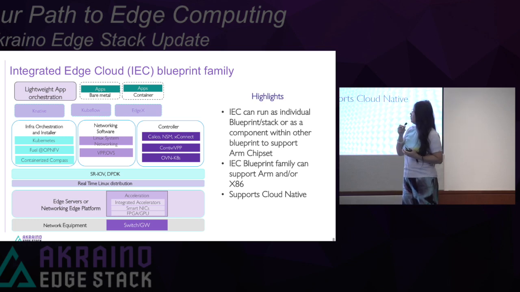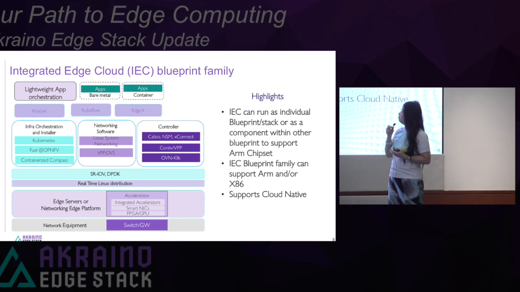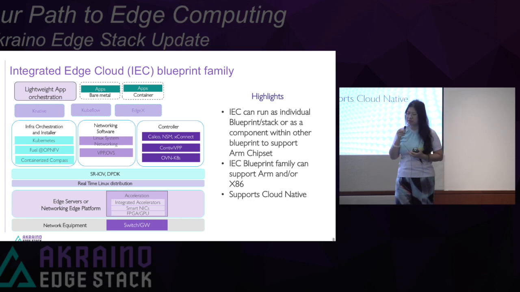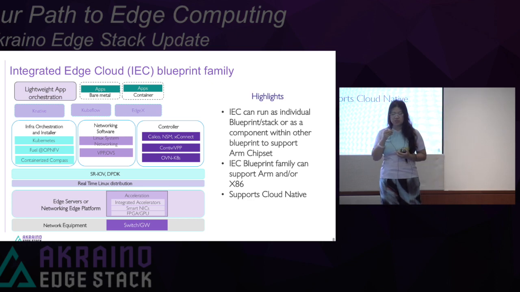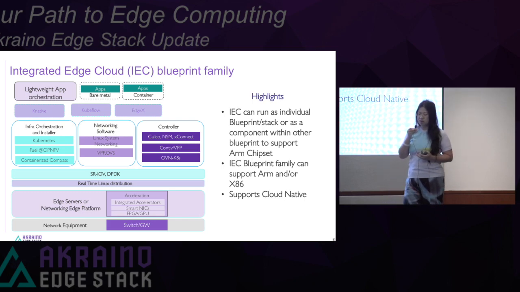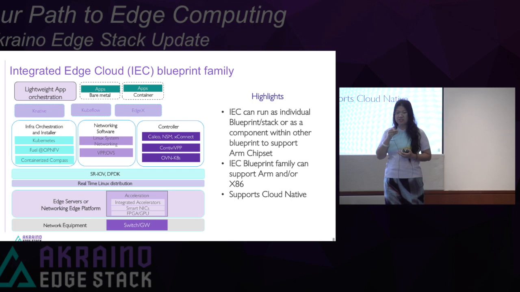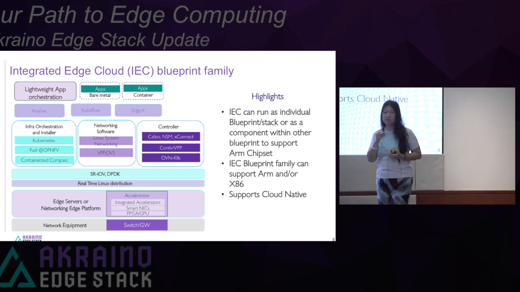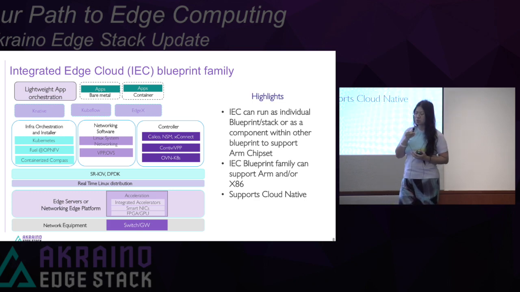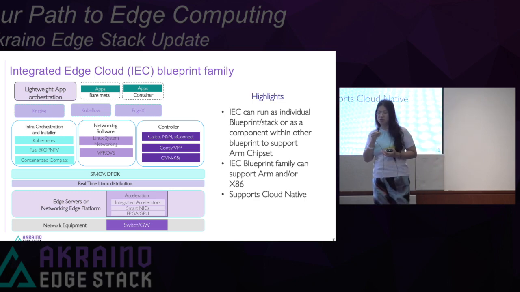Above this data plane, you can do the infrastructure orchestration and installer, like Kubernetes or Fuel or containerized Compass. For the networking software, we can do the networking, like VPP from FD.io, like OVS. For controllers, there are many choices like Calico, network service mesh, or NSX connector from VMware.